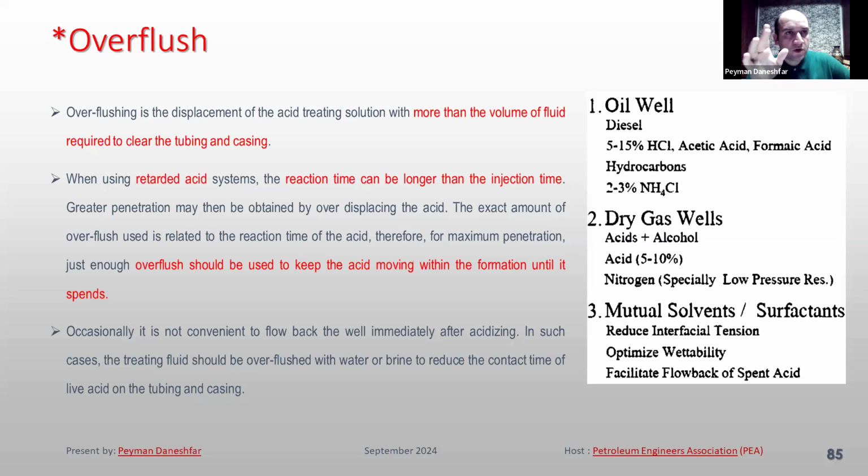The alcohol and mutual solvent can help us, and also the diesel, because you can lift it more easily than other fluids that you want to inject in the well.